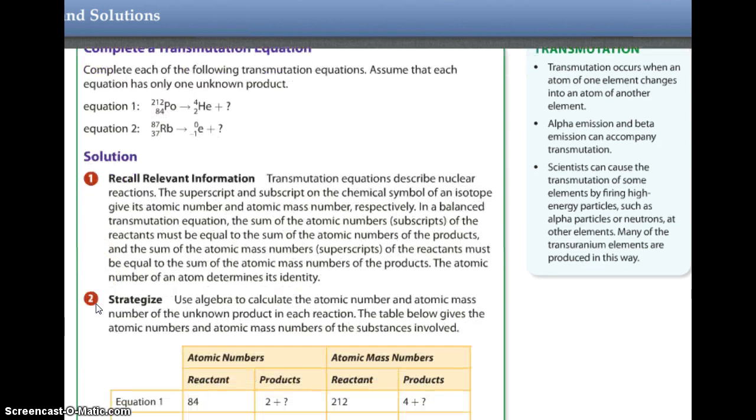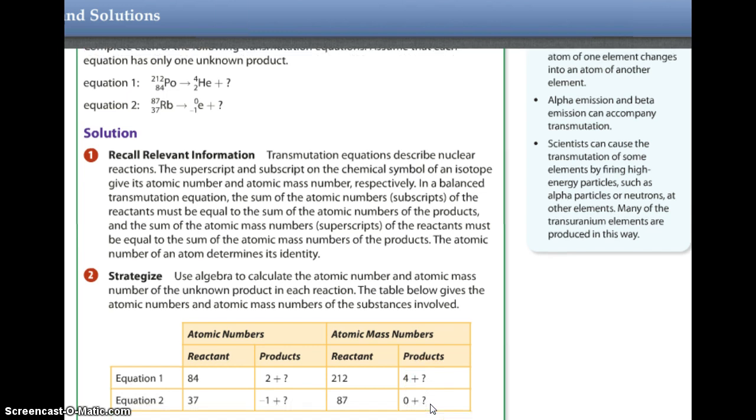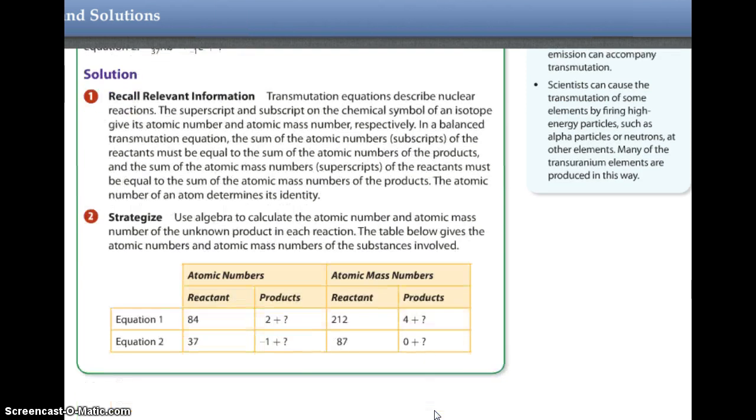So use your algebra skills. Equation 1, going across the bottom, 84 equals 2 plus x. And across the top, 212 equals 4 plus x. For the second equation, 37 minus 1 equals minus 1 plus x. And 87 equals 0 plus x.